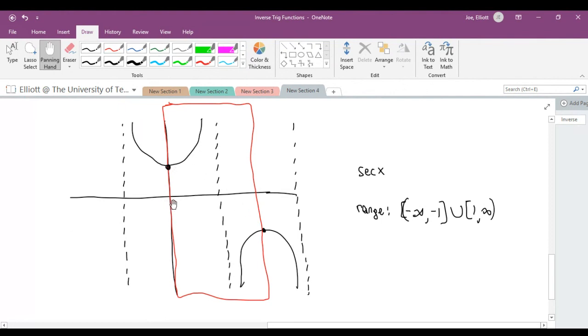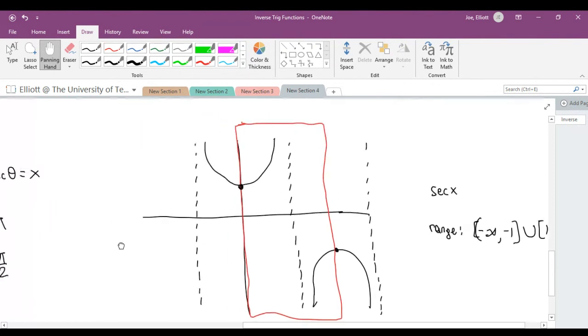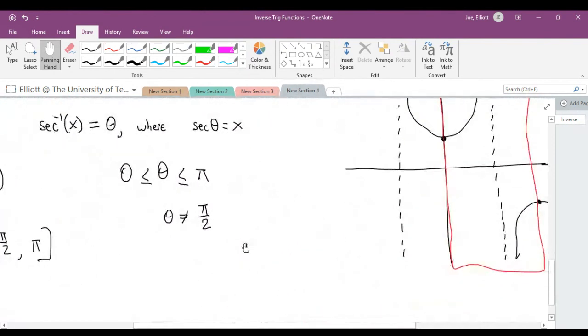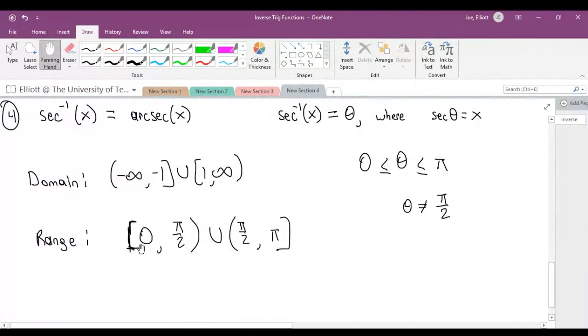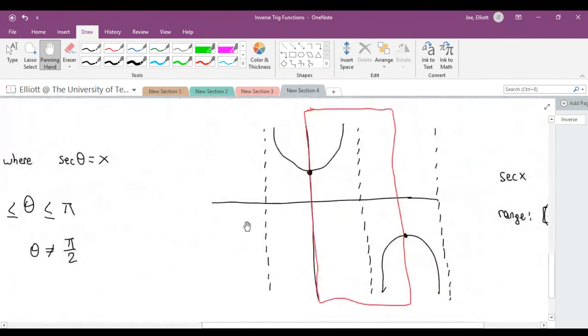Since that was between 0 and pi, that's why for inverse secant its range turns into 0 and pi. And then we excluded the pi over 2 because of the vertical asymptote there, okay?